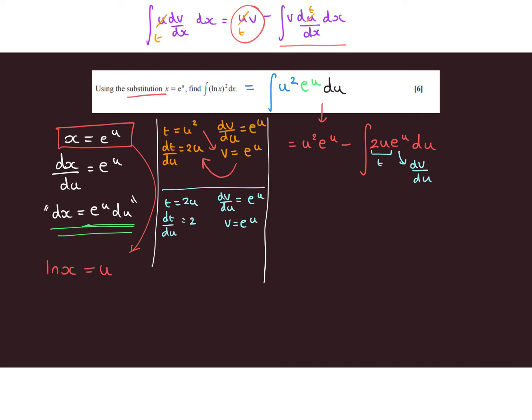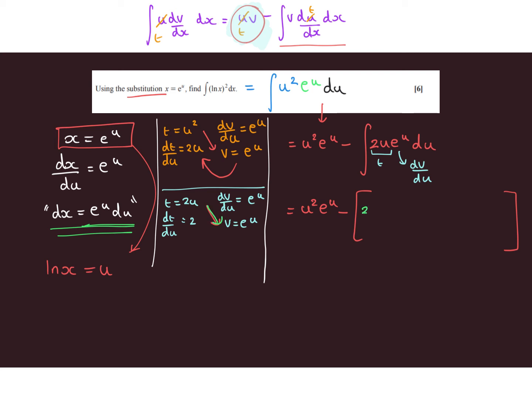So let's start our integration by parts again. So u squared e to the u stays the same. We now apply our integration by parts again, so I'm going to put in a large square pair of brackets. Effectively we're on the uv part, except in this case it's going to be t times v, so it's these two multiplied together.